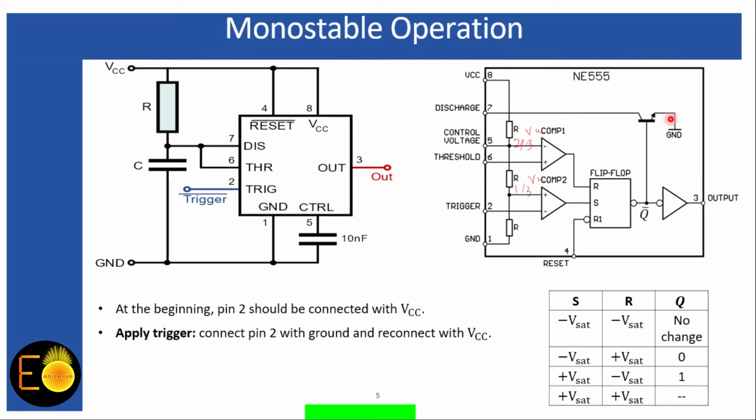When Q bar is 1, this transistor will turn on, and it will establish a path between this pin number 7 and the ground, and the capacitor will discharge immediately, because this is the smallest resistive path ever found by the capacitor during its operation. So immediately after the capacitor voltage reaches 2/3 of the VCC at this pin number 6 terminal, the output will switch back to its stable state, that is the 0 state, and the capacitor will be discharged immediately.